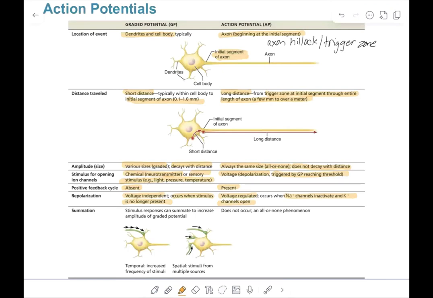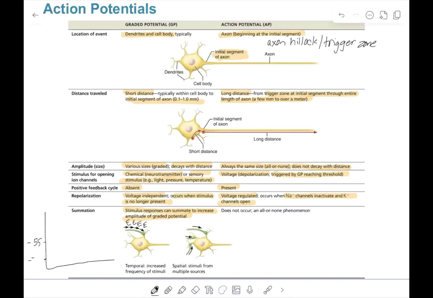For summation, the stimulus responses can summate to increase the amplitude of a graded potential. If we look at a graph here, let's say that all four of these were excitatory, so they all depolarize the membrane. We would have threshold here at negative 55.